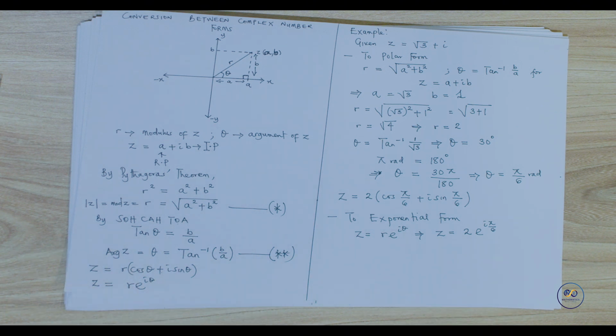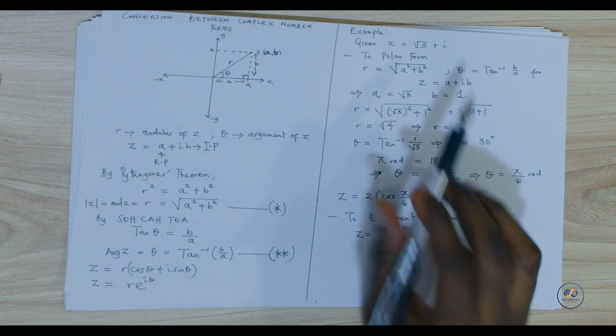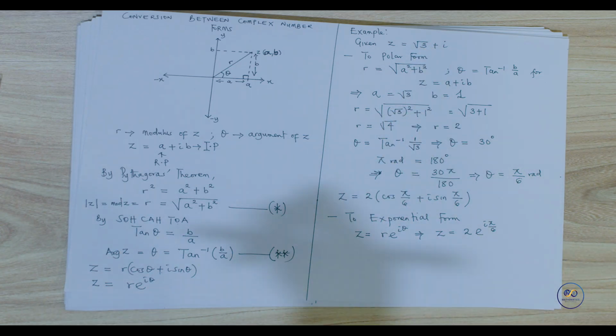So this shows us that once we have the modulus and we also have the argument, we can utilize that to convert any given algebraic form of a complex number into the polar form and of course into the exponential form.